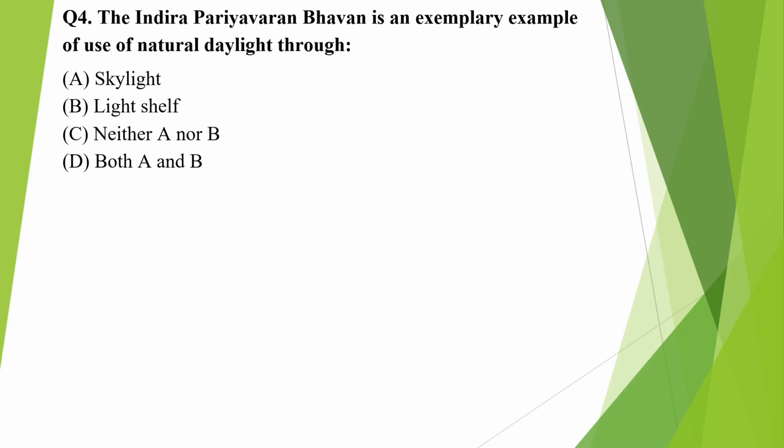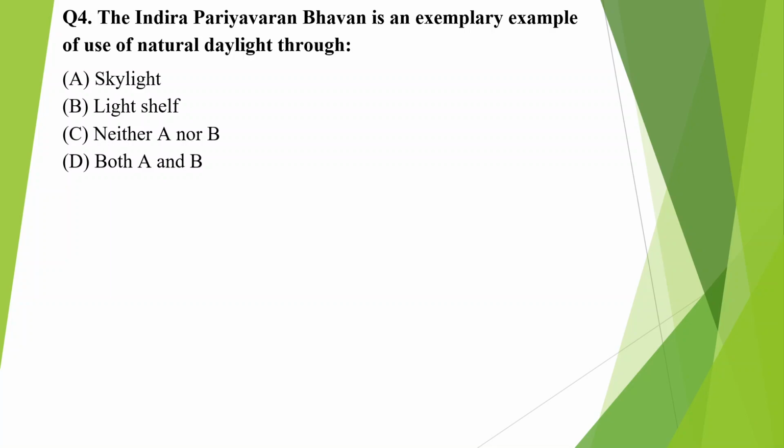Before moving to the next question, I wanted to ask the participants who were not able to answer this question: are you now confident about the explanation and answers we have given, along with the other participants who are giving their valuable opinions in the chat box for every question? Is it clear to all of you?